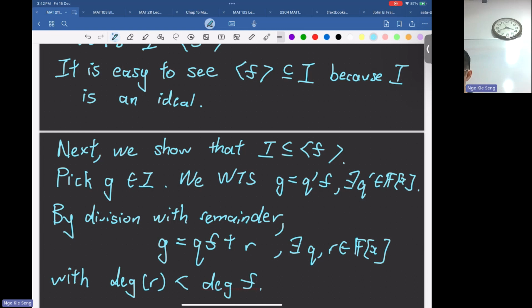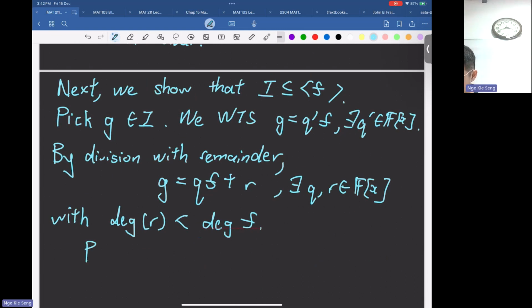But at the same time, r equals g minus qf. I claim that we have a contradiction here. Why? R is also in I, correct.